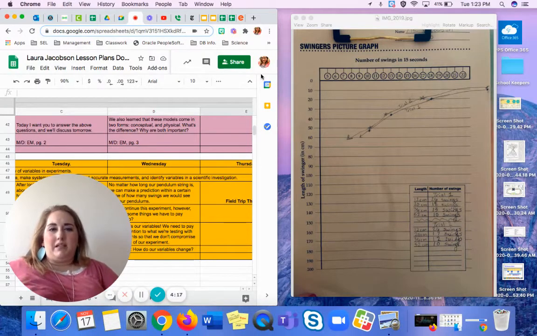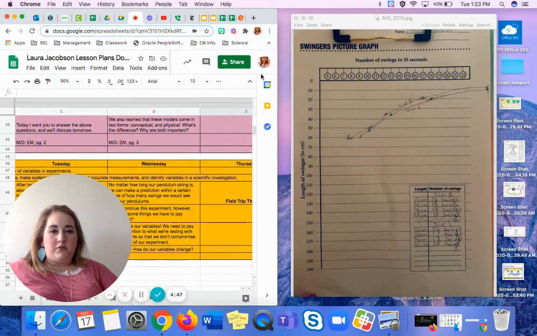But what happened? How did we get those numbers? What did I change in order to get a new number of swings? I changed my string length. I changed one of our variables. Now, what would happen if I changed a different variable?